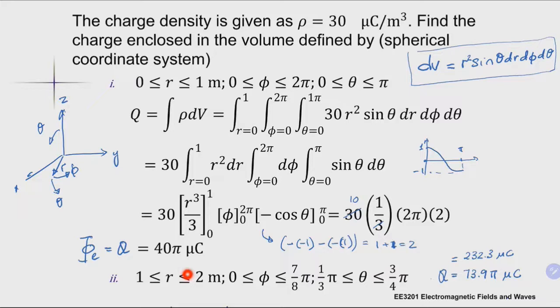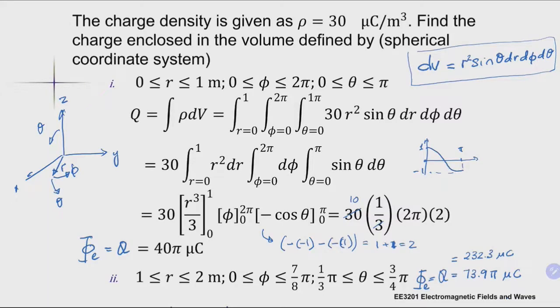Similarly, for the second one, the electric flux enclosed in this limits of volume is also equal to the charge enclosed inside this volume. Okay, can I move on? Okay.